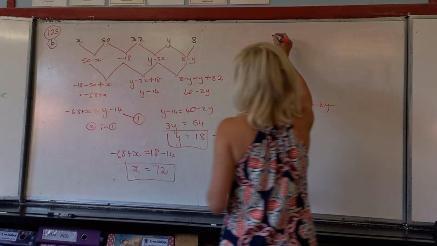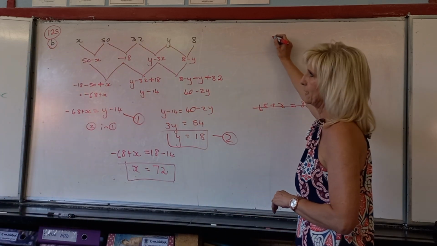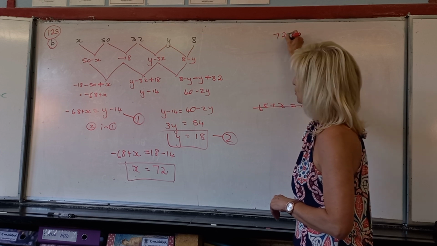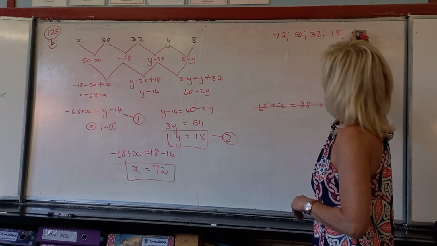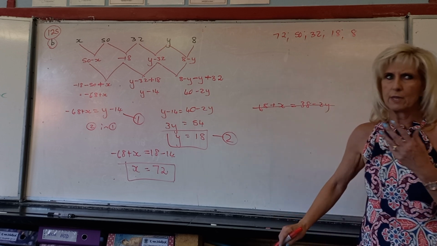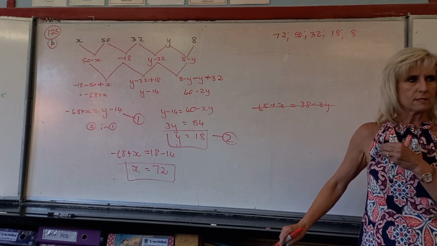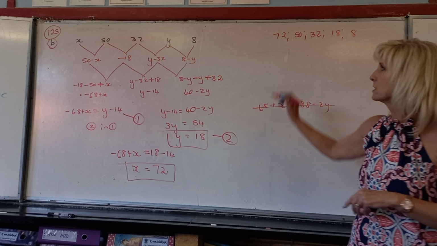What does it mean for my number pattern? It starts off then with 72, then 50, then 32, then 18, then 8. Now, please don't do that in an exam. All we're trying to see is, is it working? How does it work?